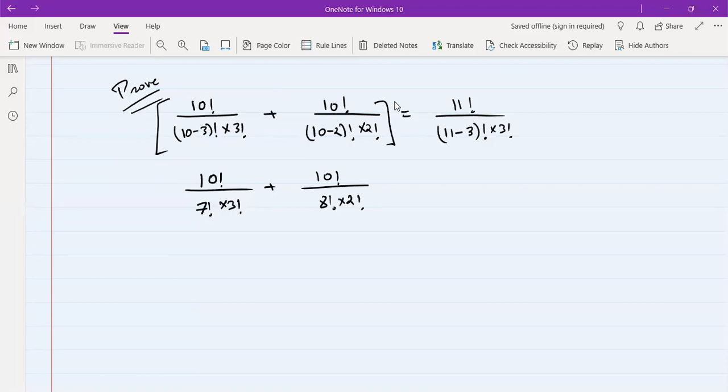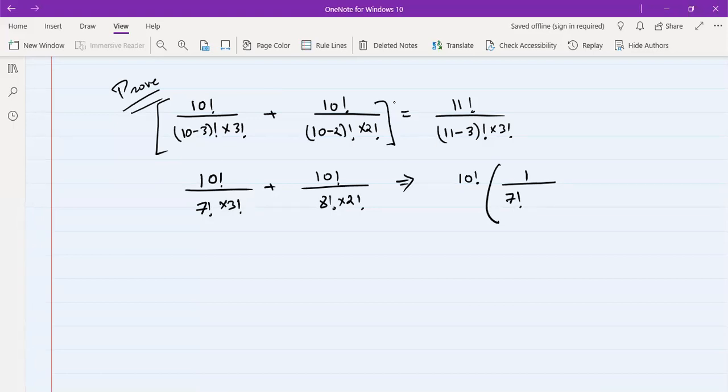Now think about what you have studied till now. Can we take 10 factorial common? So we are left with 1 by 7 factorial into 3 factorial plus 1 by 8 factorial into 2 factorial. Now tell me, among 7 factorial and 8 factorial, which is bigger? 8 factorial, very good.